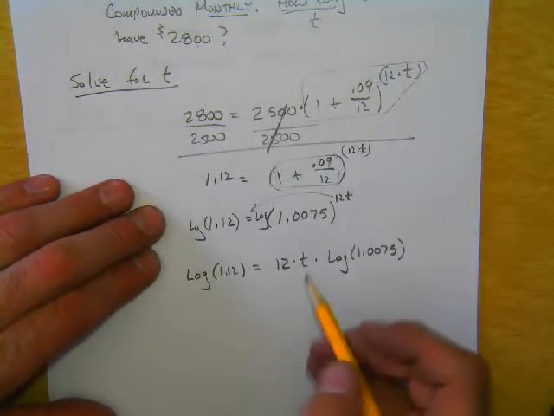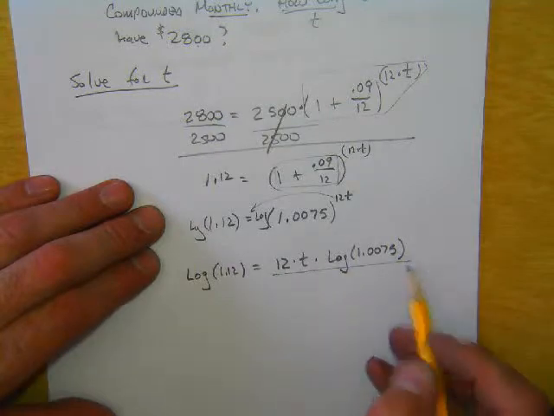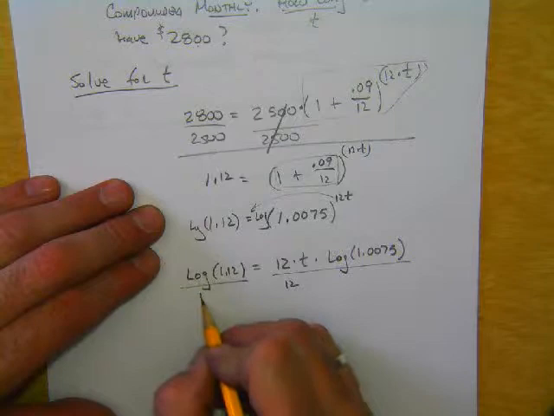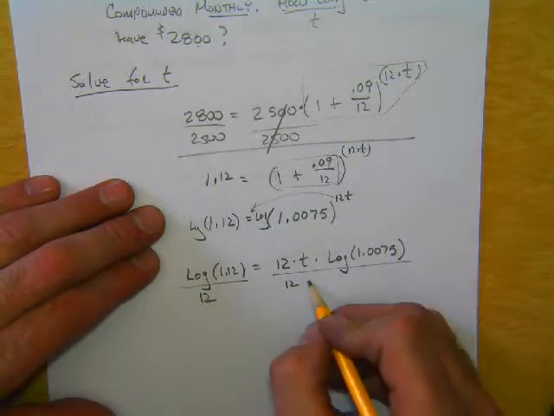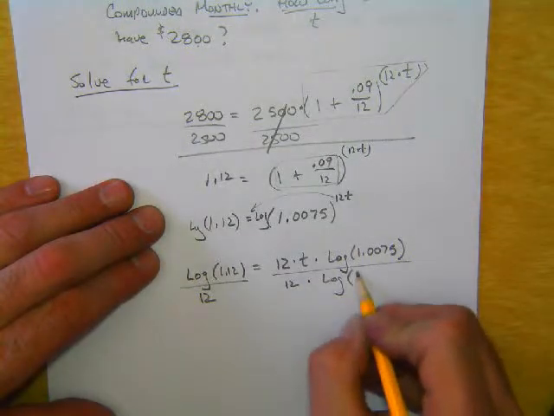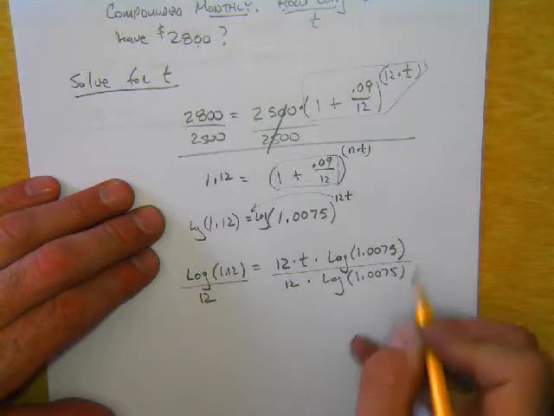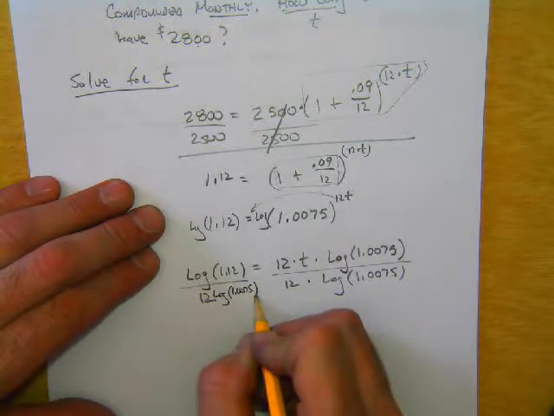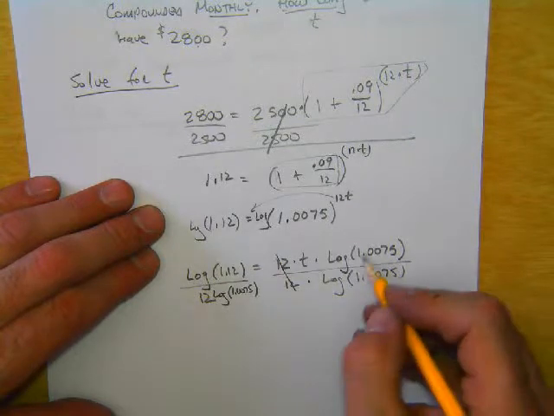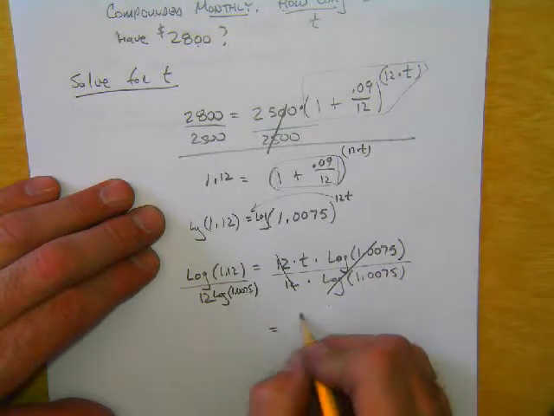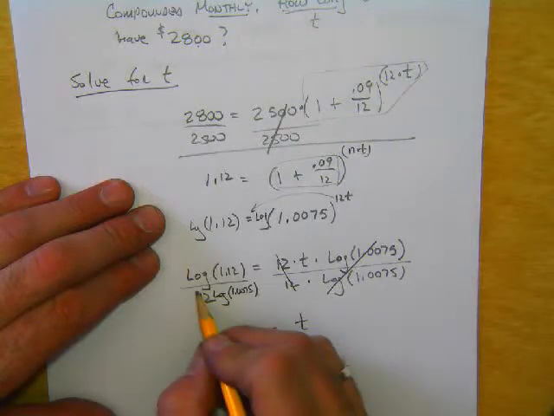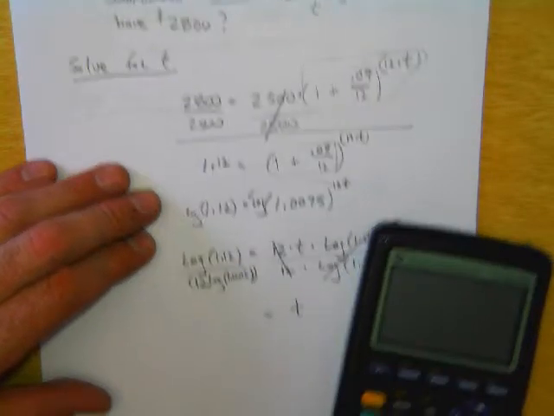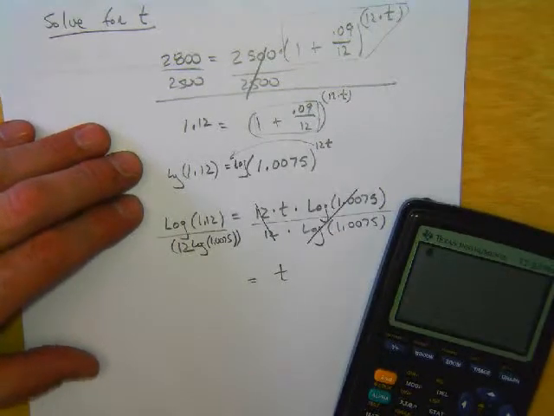So I propose that we divide both sides by 12, and we divide both sides by log of 1.0075. So that will cancel, and on this side we'll get t, and on this side you have to do the calculation like this.